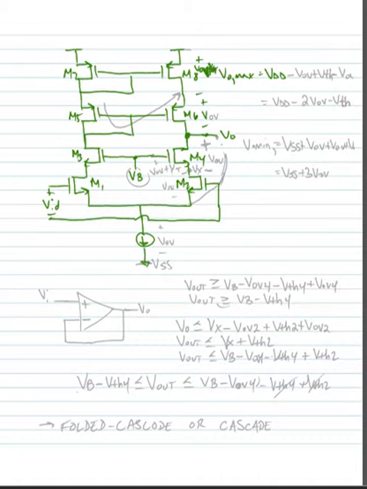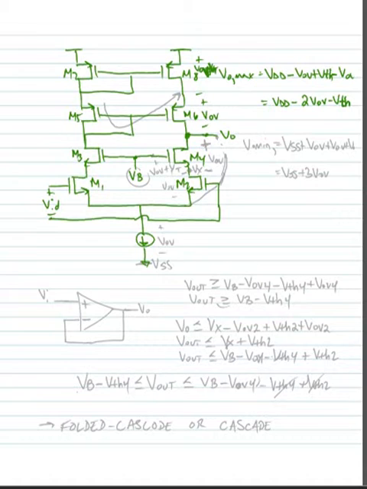And across M6 we need just a VOV. So if we start from the top here and subtract these voltages, we see we need VDD minus a VOV plus a VT minus a VOV, or V out max is equal to VDD minus 2 VOV minus a VT. And I should be writing VTH, the threshold voltage here, not the thermal voltage.